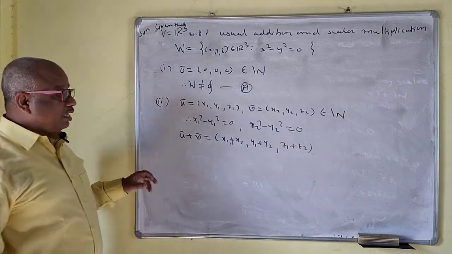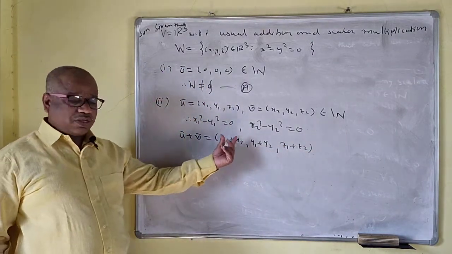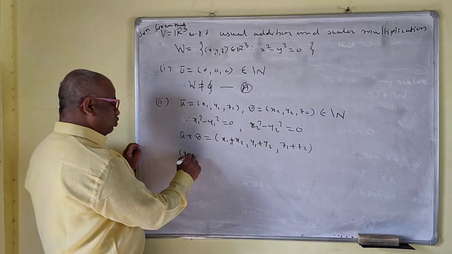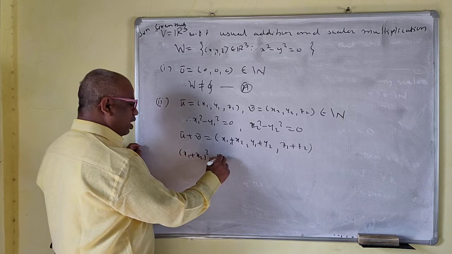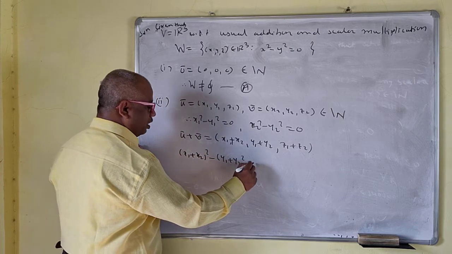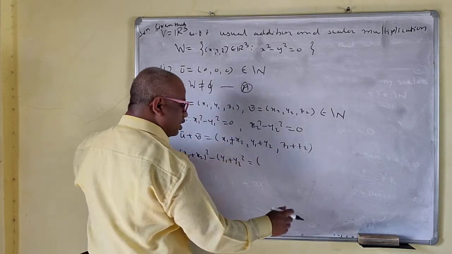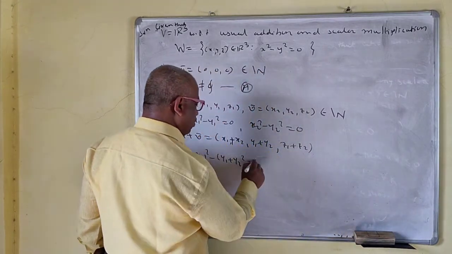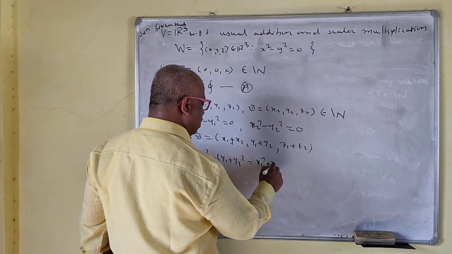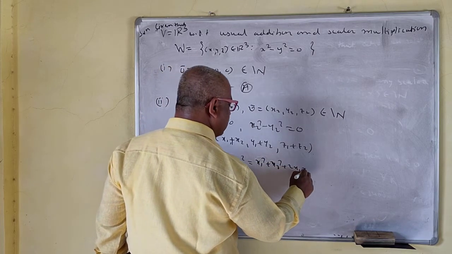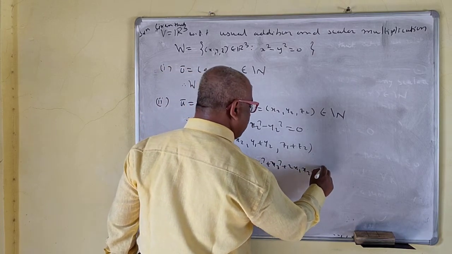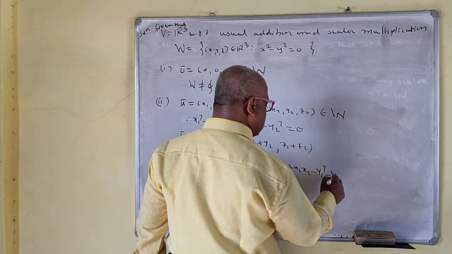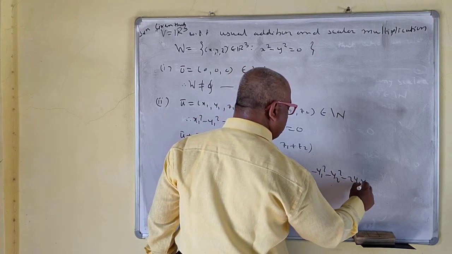It is in W if the square of the first component minus the square of the second is 0. So we find x1 plus x2 whole square minus y1 plus y2 whole square. This is x1 square plus x2 square plus twice x1 x2 minus y1 square minus y2 square minus twice y1 y2.